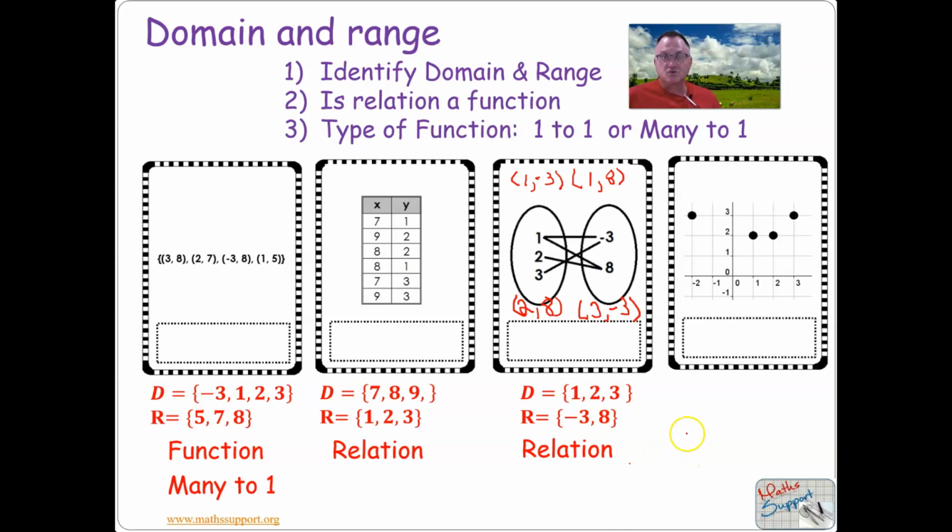Okay, our next one, take your x coordinates. Our points on this graph are -2, 3, that point, then 1, 2, then 2, 2, and then 3, 3.